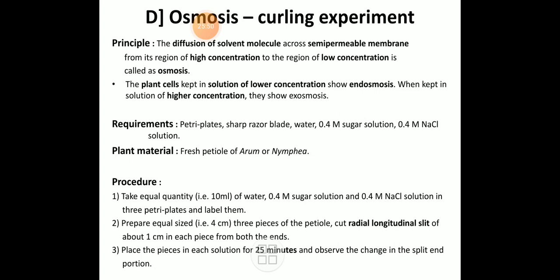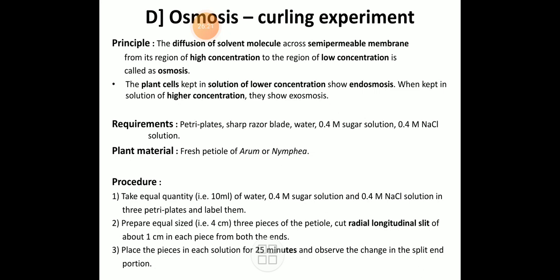In the sense, the solution in the plant cell has a higher concentration compared to the solution in which the plant cell has been kept. Because of that, endosmosis takes place, meaning water moves from the outer side to the inner side of the cell. That is known as endosmosis.